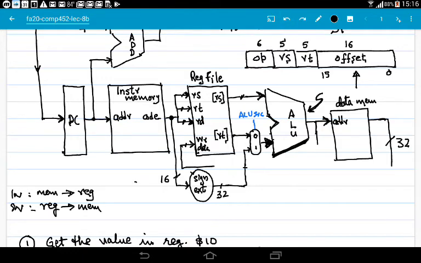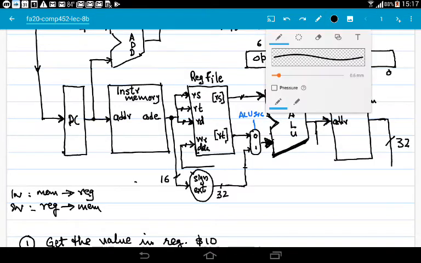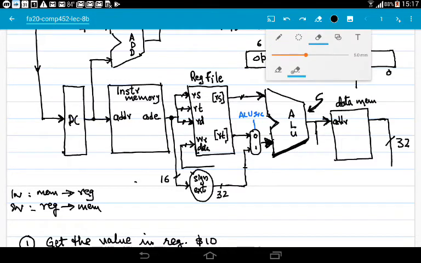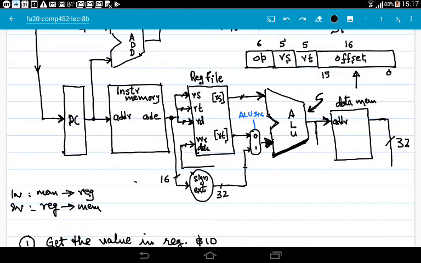I also want to erase this line, but I do not have a very small eraser. So look, what I'm going to do is do it like this.